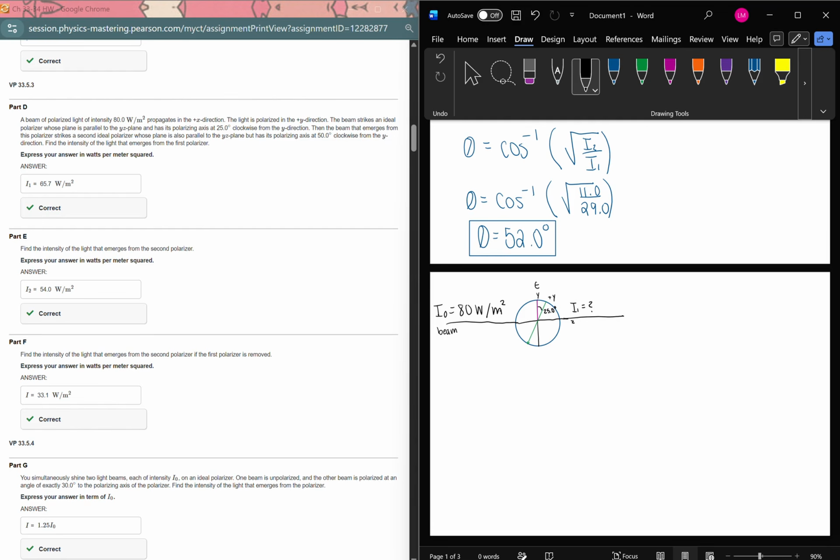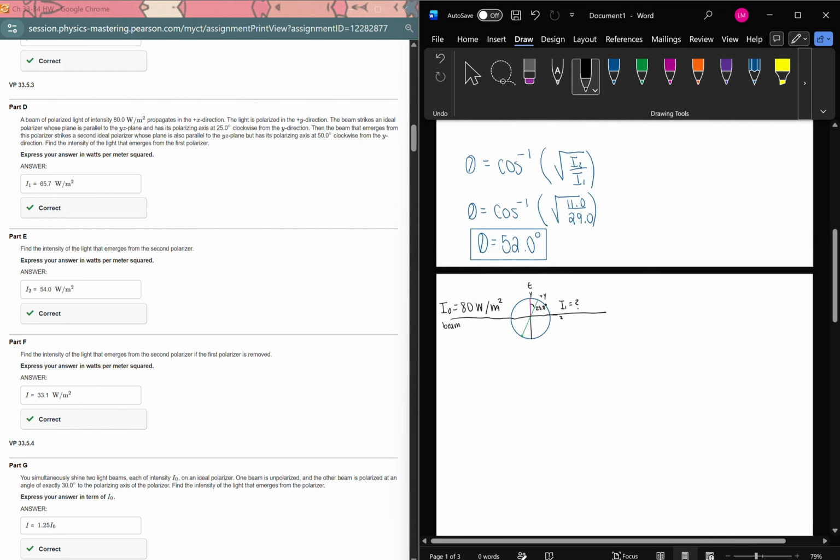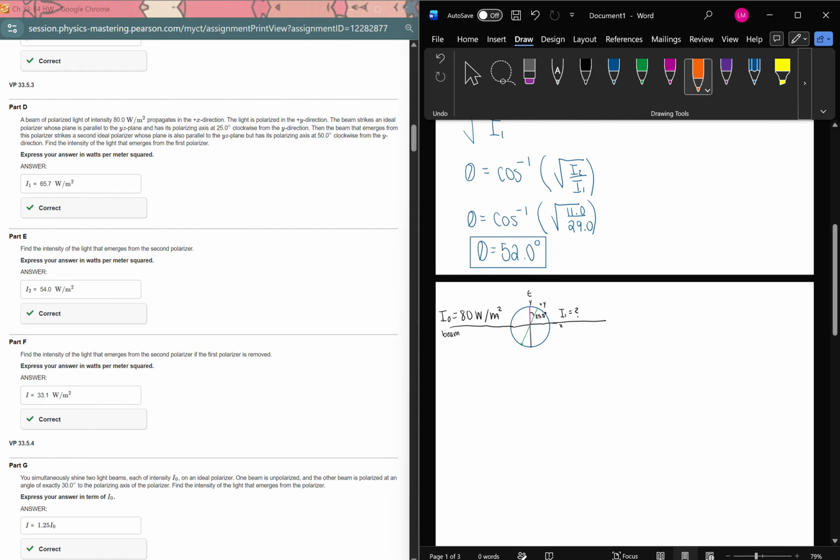So we're going to be using Malus's law. So let's go ahead and write it. This is for part D. Okay. Malus's law, which we used previously, says the transmitted intensity is I, and the initial is I naught, this is the initial intensity in watts per meter squared, and this is the theta, and then the cosine squared. So we're going to substitute everything in.